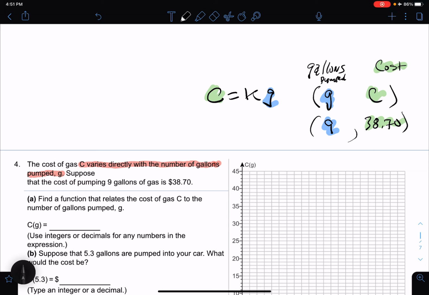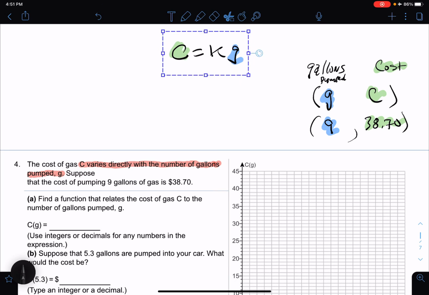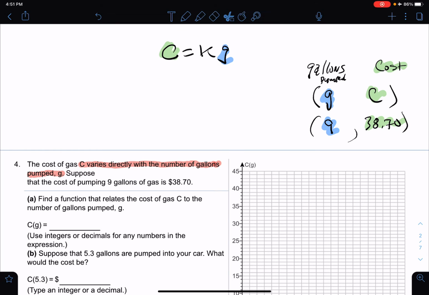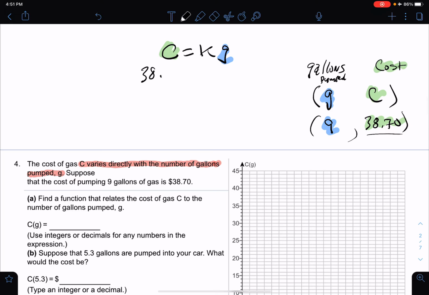I think I'm going to move this up a little bit just to give me a little space to operate here. So we found out that C is $38.70, which equals k times G, the number of gallons pumped, which is 9.